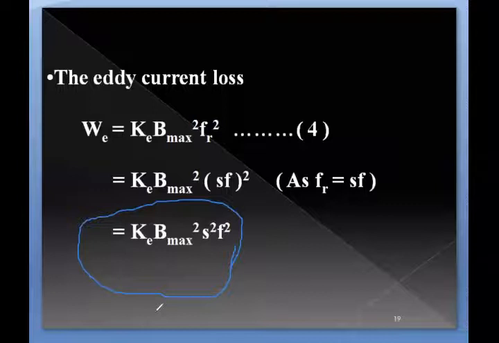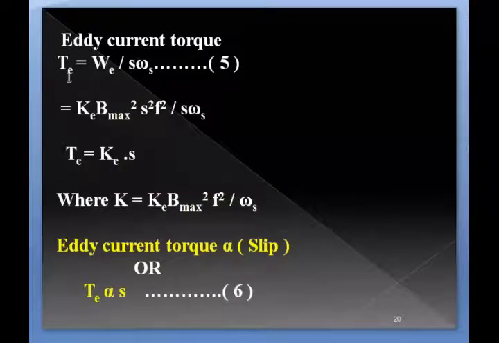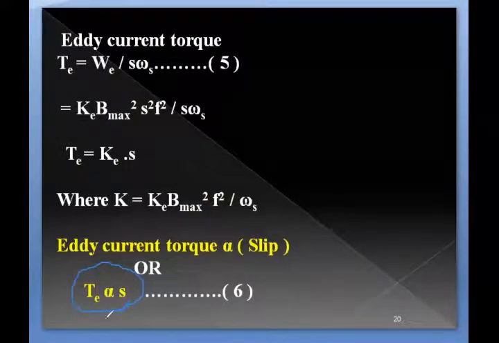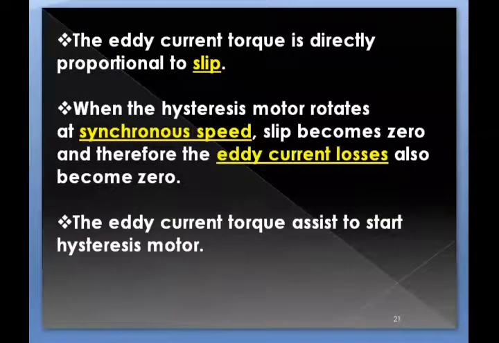Okay, I'm going to the next slide. The equation of eddy current torque is here, and lastly we get from this equation TE is proportional to S. TE, that is eddy current torque, is proportional to slip. The eddy current torque is directly proportional to the slip.